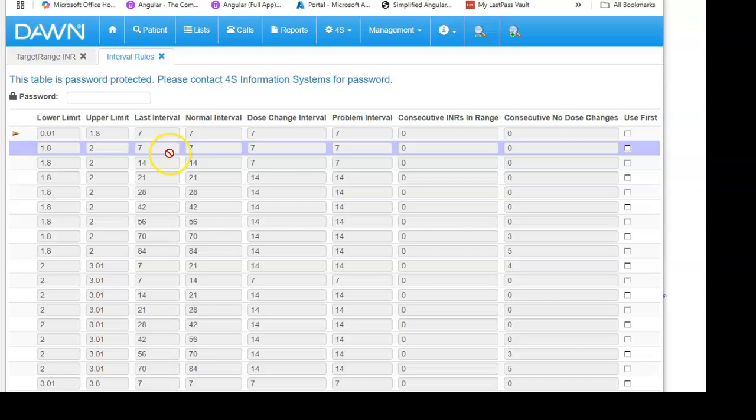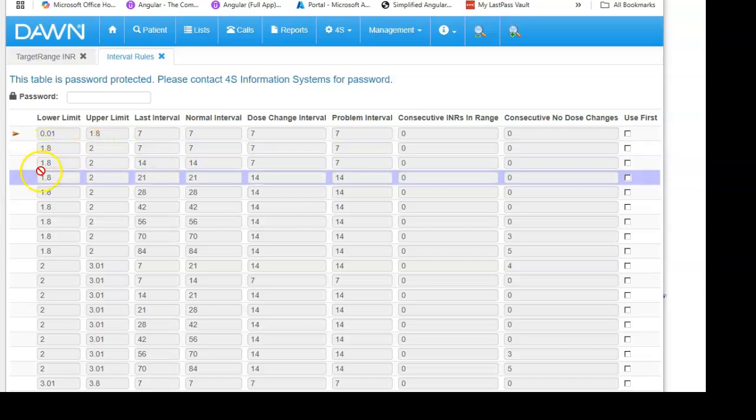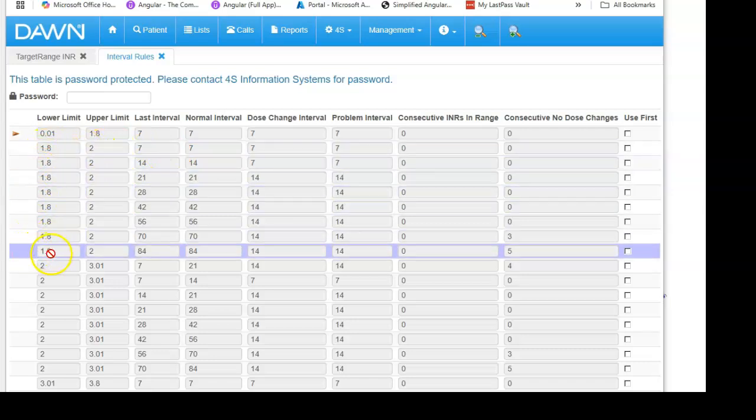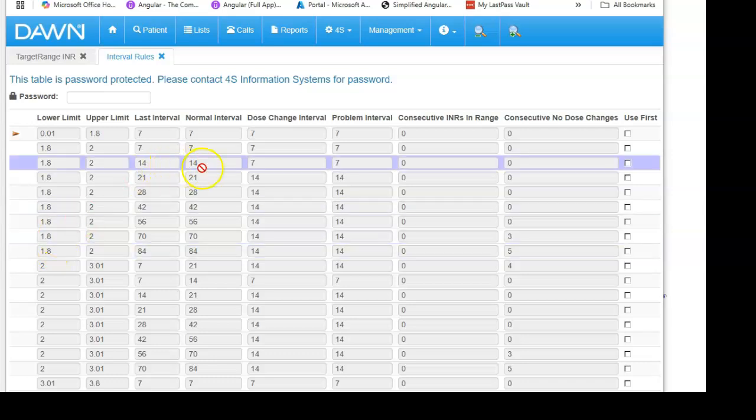However, I do want to talk a little bit more about these settings, these within the 1 standard deviation settings, where we're keeping the patient on the same interval if they're out of range but no dose change has applied. These were our original standard settings, but a few years ago we revised them.